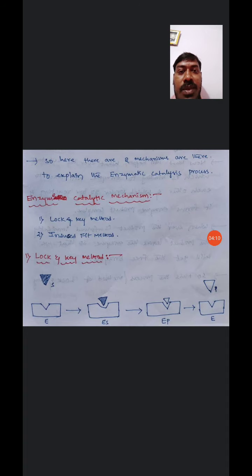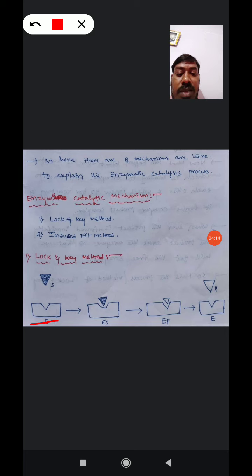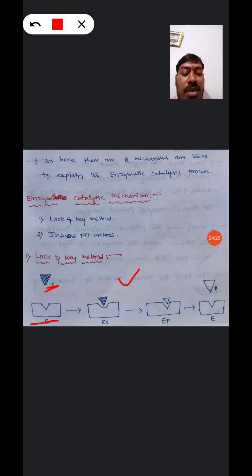So here the enzyme and substrate both bind to each other, the substrate attaches to the enzyme and forms the enzyme substrate complex, and this complex forms the enzyme product complex.